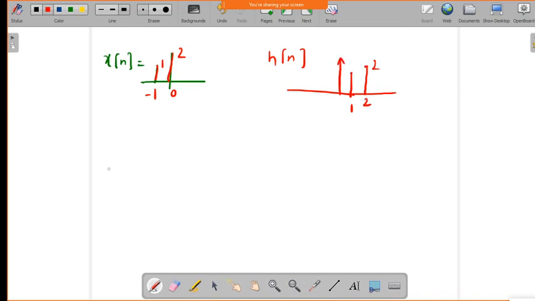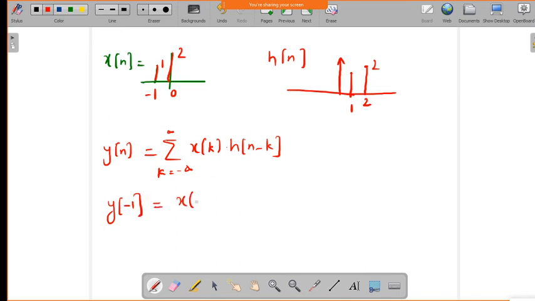Now we need to compute y of n, which is equal to summation k equal to minus infinity to plus infinity x of k into h of n minus k. So now I will compute y of minus 1. If I compute y of minus 1, what you will get, x of minus 1 into h of n minus 1.